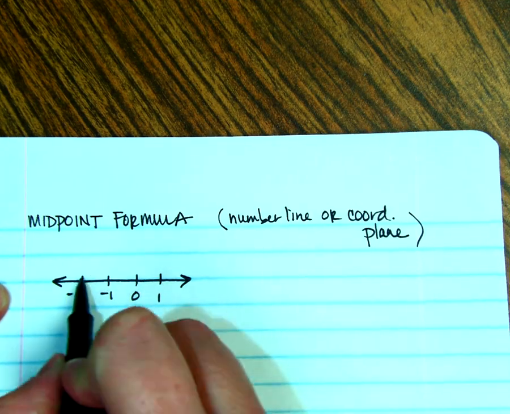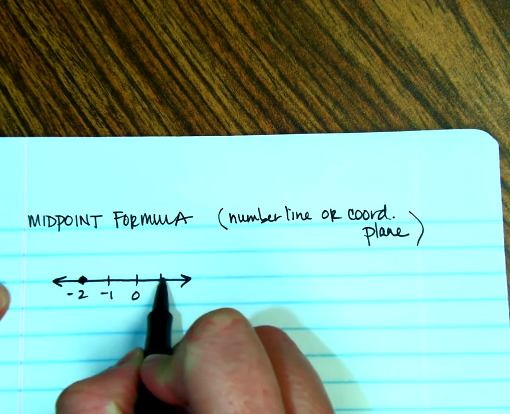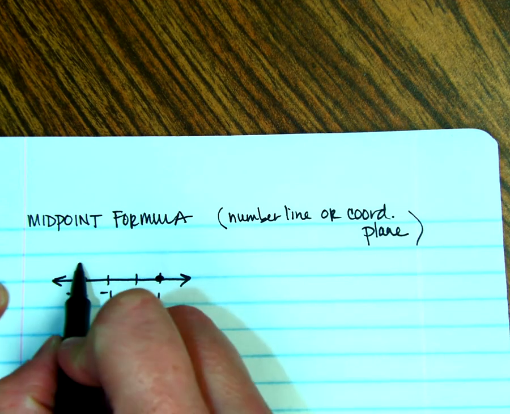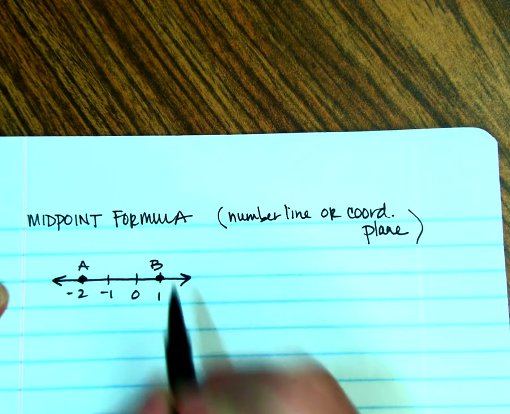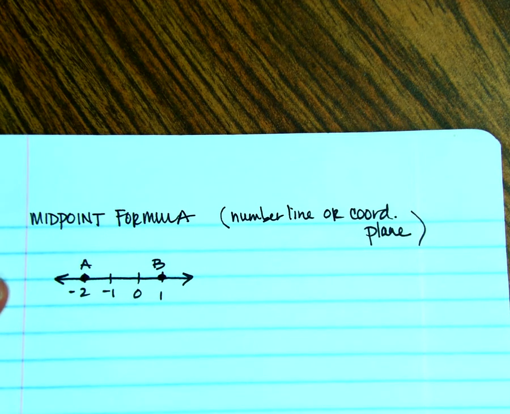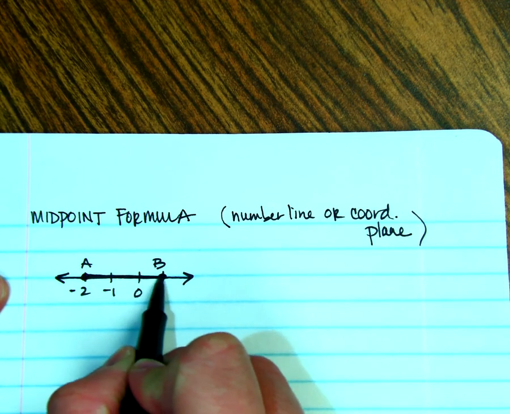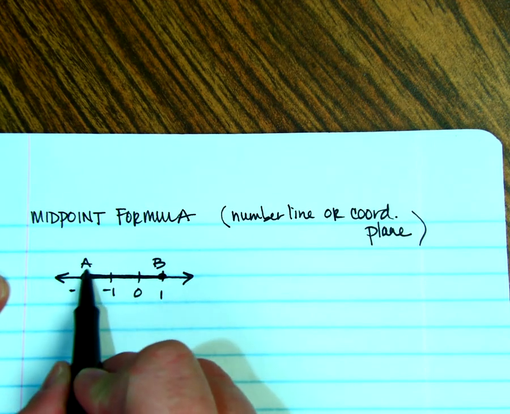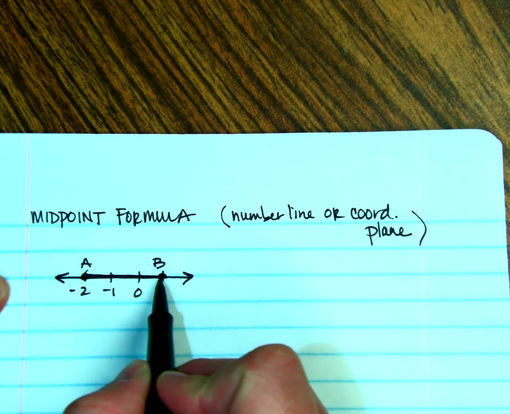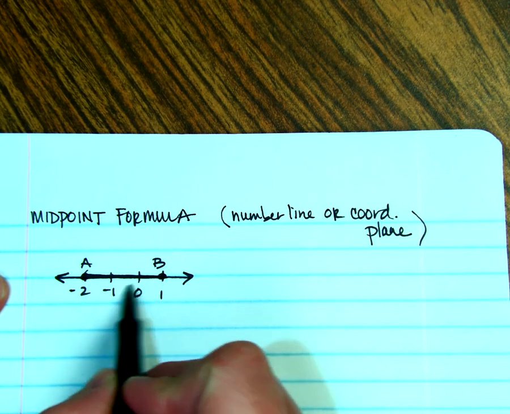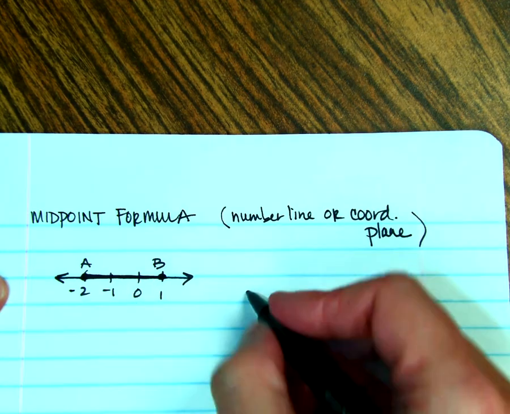so let's say we are looking at this segment AB, and I want to know what is the midpoint of AB. Well, instead of adding this together and going, okay, this is 1, 2, 3, well, half of that is 1.5, and then doing all of that stuff, we can actually use a formula.